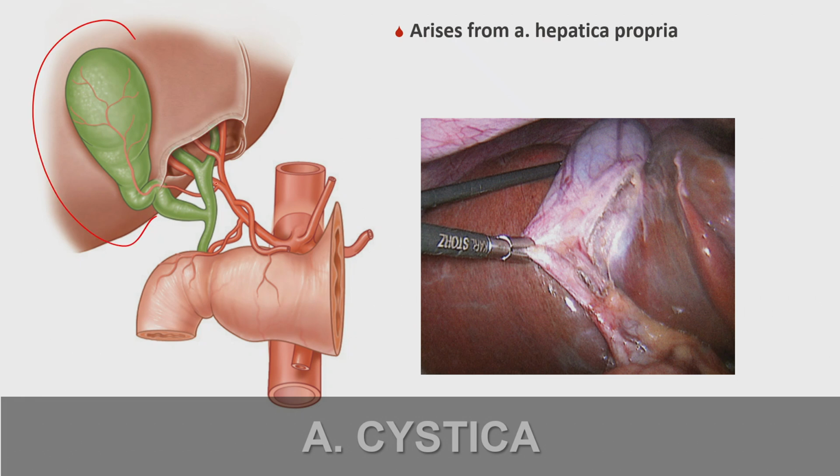The supply is by one artery typically arising from the right branch of the proper hepatic artery. The knowledge of the supply is important when the patient is undergoing one of the most frequent surgical procedures in the abdomen, and this is a cholecystectomy, today made by the laparoscopic way.